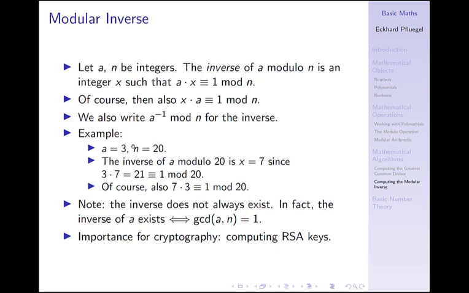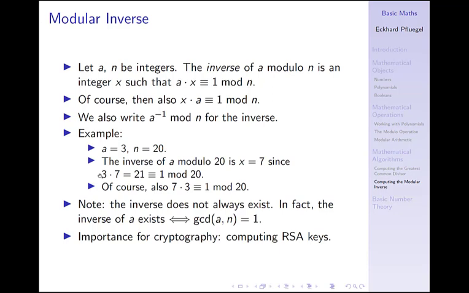If you play around a little, with trial and error, and test x equals 7, you will realize that 3 times 7 is 21, and 21 mod 20 is clearly 1, which is exactly what we wanted based on the definition. So 7 is the modular inverse of 3 mod 20, and the other way around, the modular inverse of 7 mod 20 is 3.